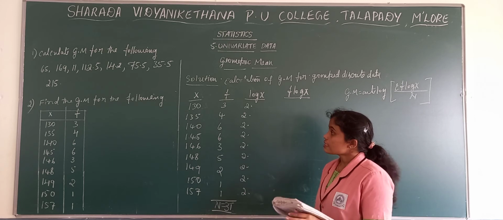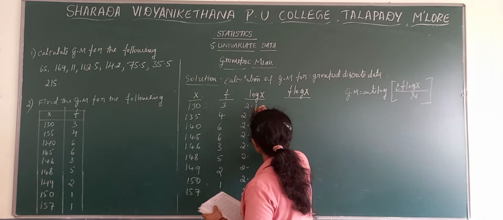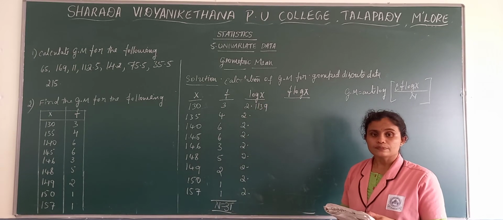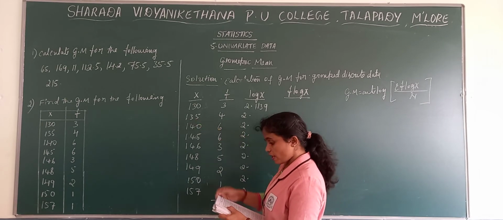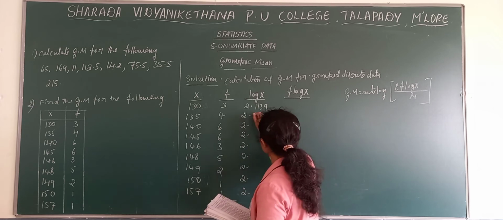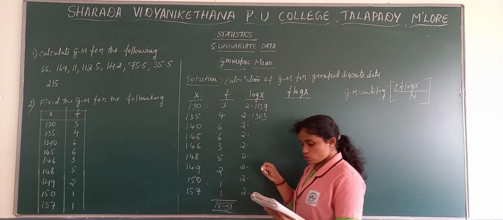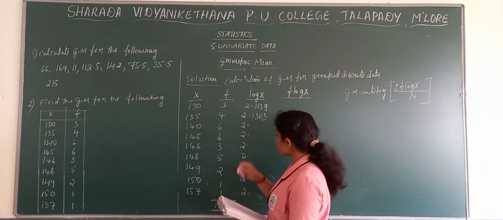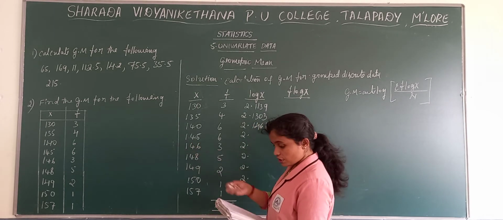130 value is 1139. Next one, 135 value is 1303. Next one, that is 146, 1461.